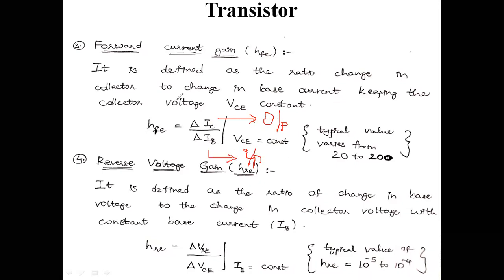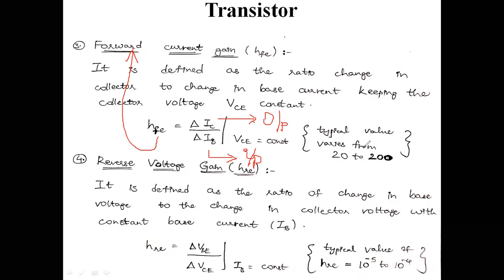It is the ratio of change in collector current to the change in base current, keeping the collector voltage constant. In this way we treat this as forward, HFE. F means forward, and E means emitter.